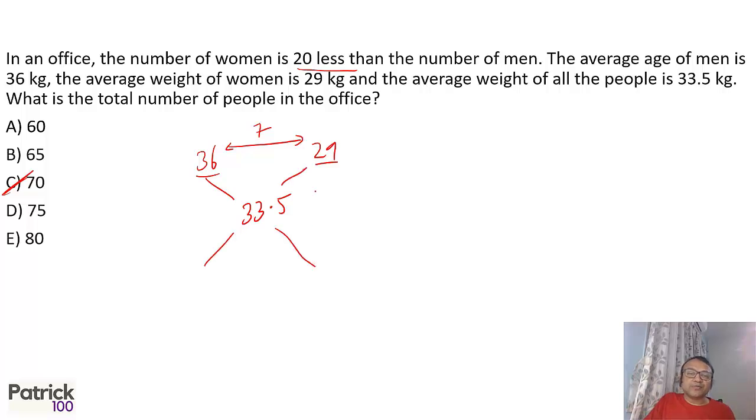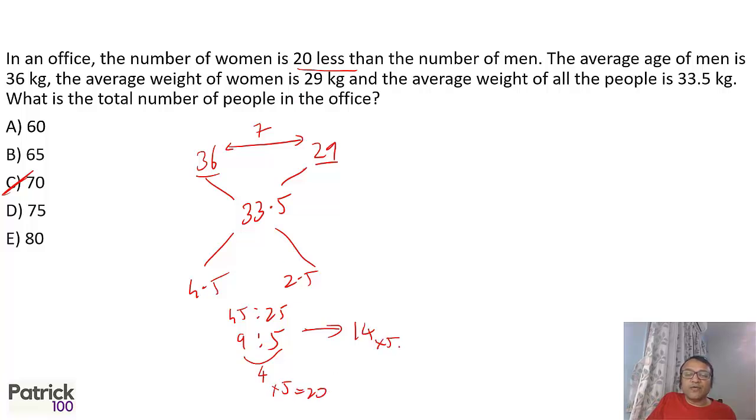Or you can do alligation. If you do alligation, this is 4.5 and 2.5, which if you look at, 45 is to 25, 9 is to 5. Now the difference between 9 and 5 is 4, and the total is 9 plus 5, 14. But I want the difference to be 20, so multiply by 5 to get 20.